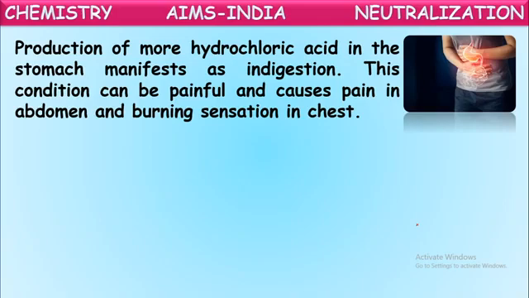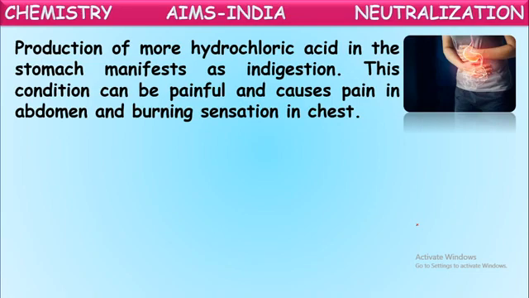This condition can be painful and causes pain in the abdomen and a burning sensation in the chest. Our elders often say they are feeling a burning sensation in the chest, and they may feel some pain in the abdomen because of indigestion. These are the results of excess production of hydrochloric acid in our stomach.